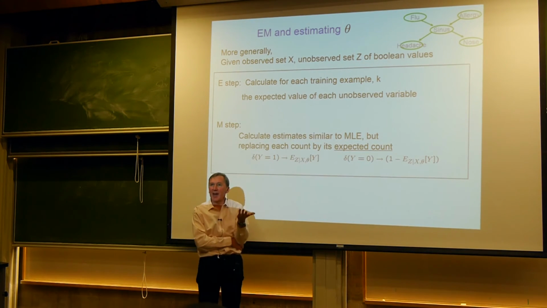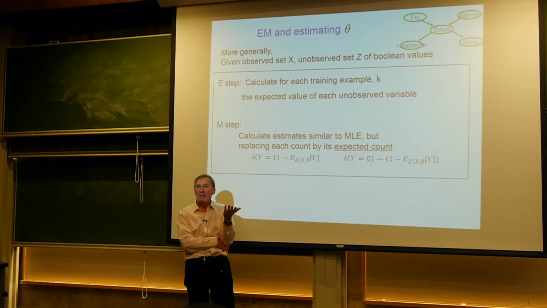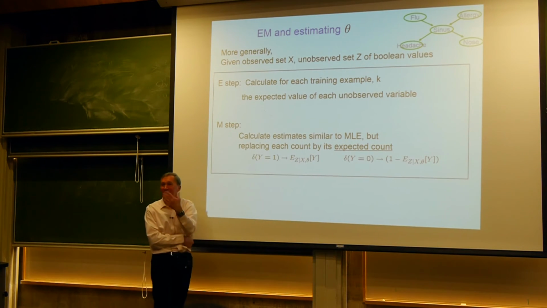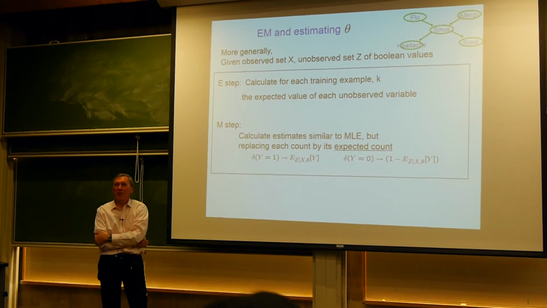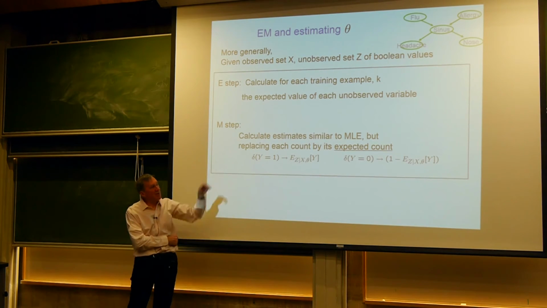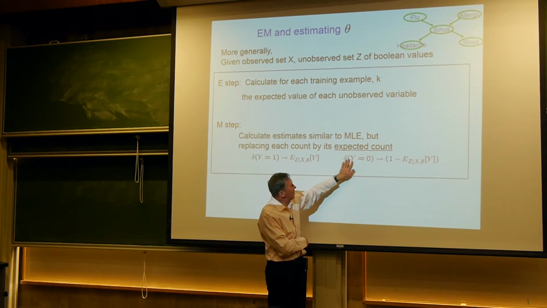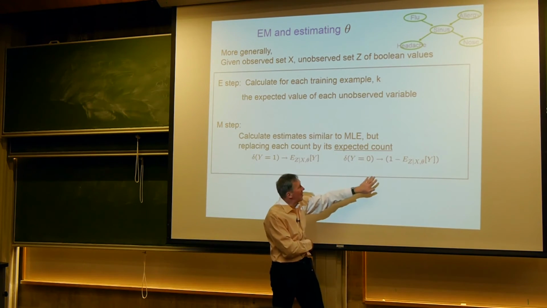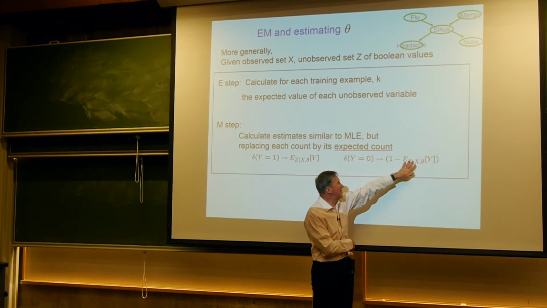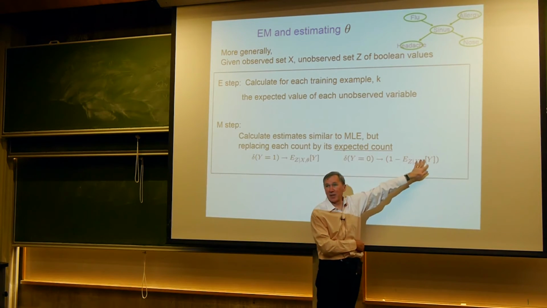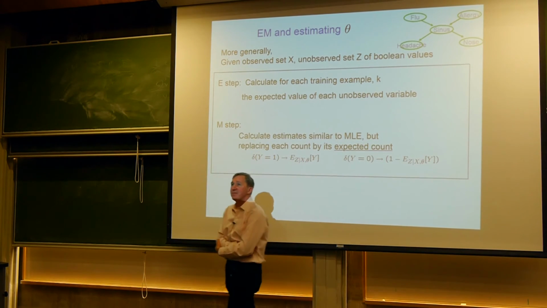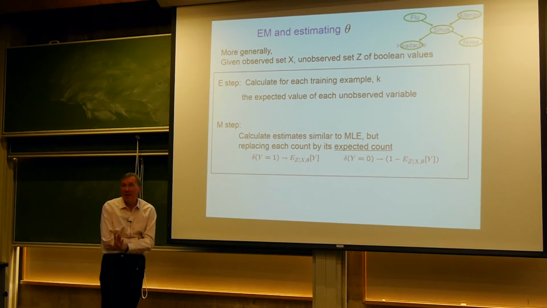It just becomes a fractional count. So this just falls out as the general method for any Bayes net that has Boolean variables. It just turns into this simple strategy. And when we're counting the number of times y equals 0, we just take the probability that y equals 0, which is 1 minus the probability that it's 1. It's a very general technique.